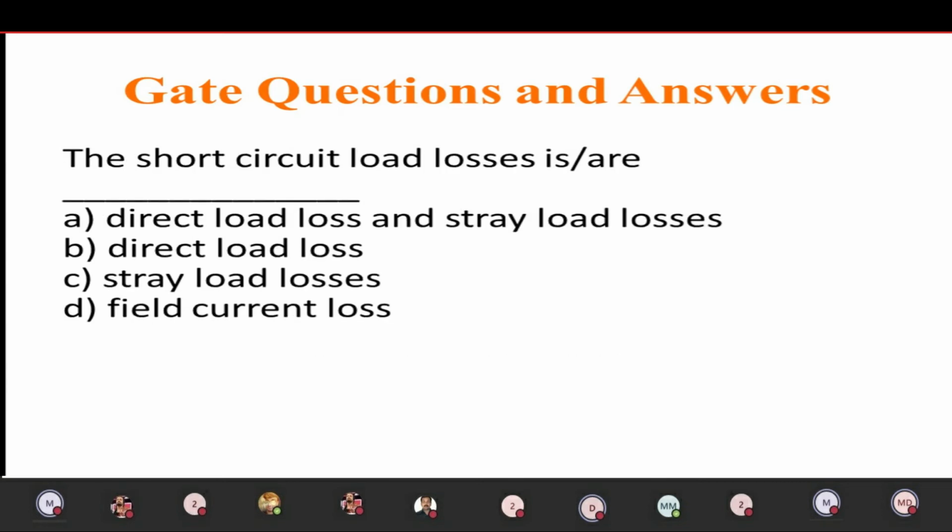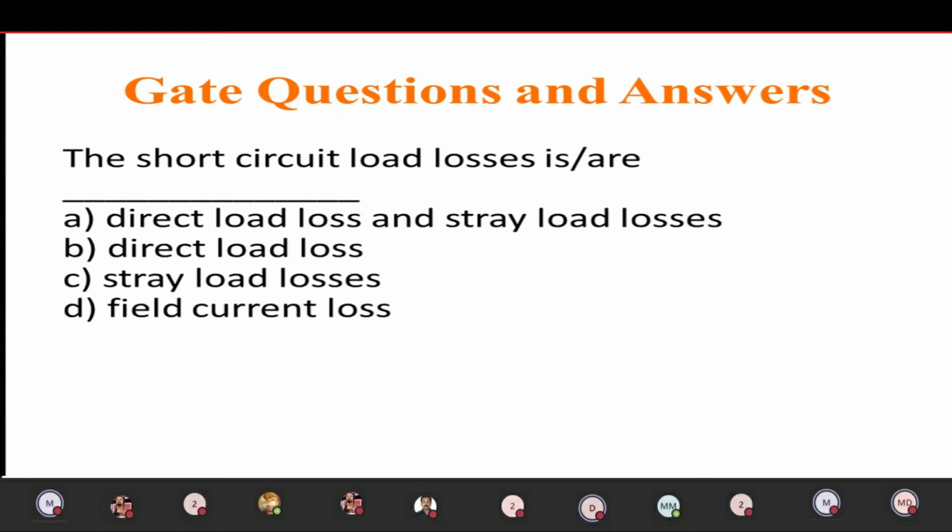Then the short circuit load losses are, what is short circuit? Let me find the answers one by one.